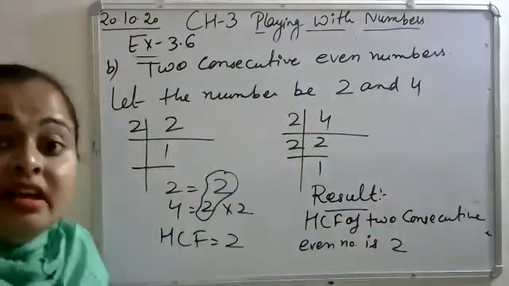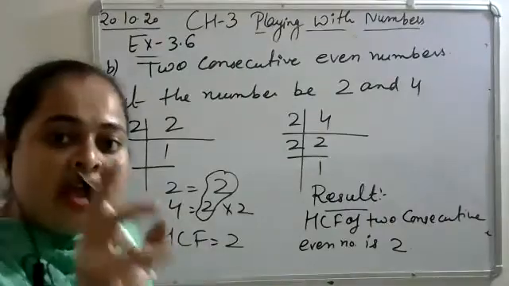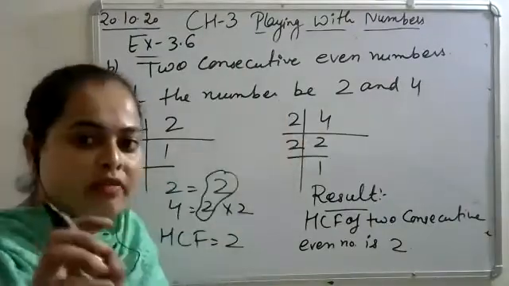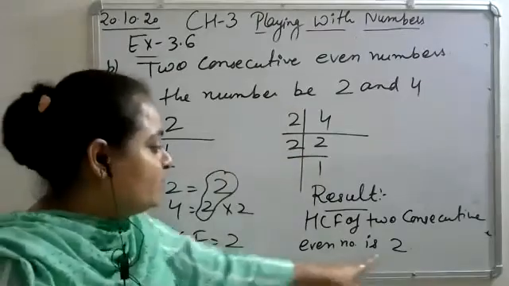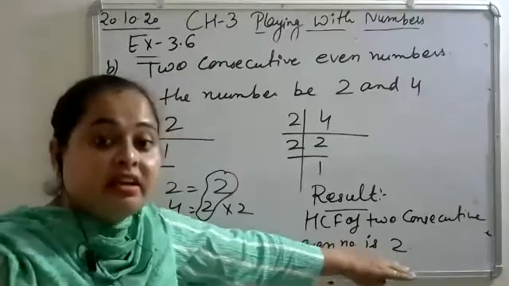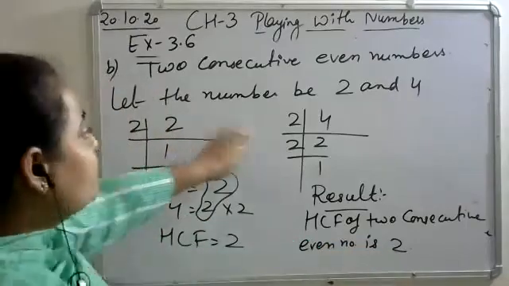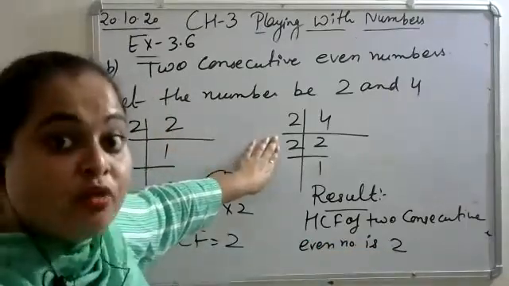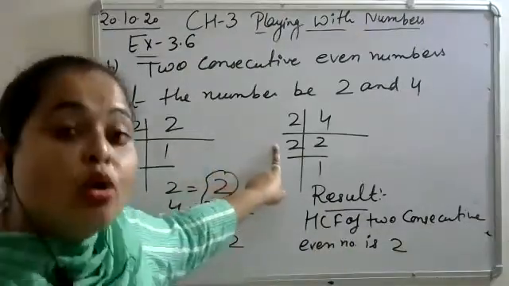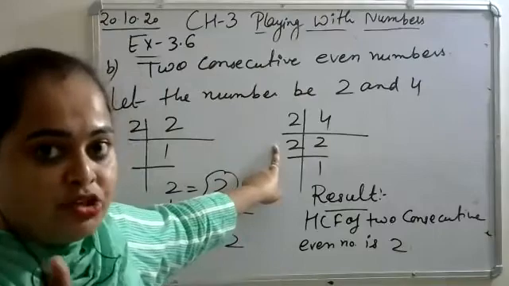This is a standard result. Take any two consecutive even numbers, always you will get the HCF equal to 2. This method in which you take numbers separately is known as the prime factorization method.